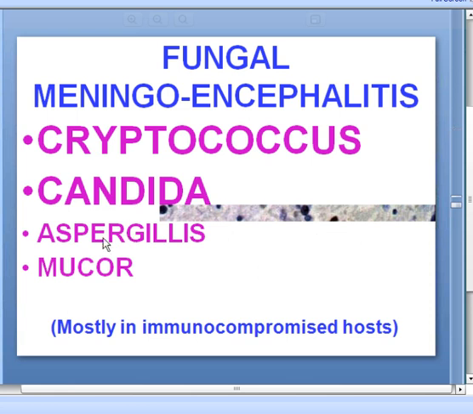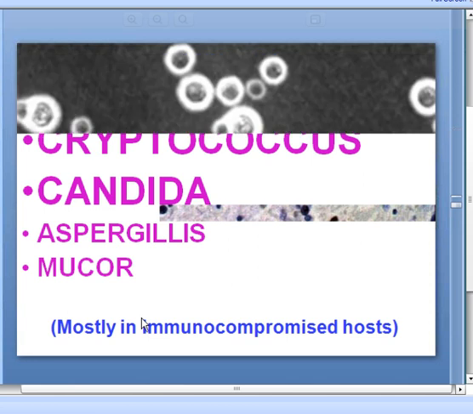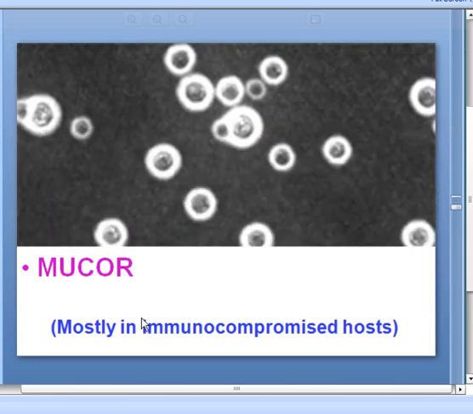Candida is common, and Aspergillus and Mucor are often reported, but usually in patients who are very severely immunosuppressed, and so is Cryptococcus technically as well. But whenever you do a spinal tap on somebody that has some kind of significant brain disease, which is just about everybody that comes in, you usually do an India ink prep.